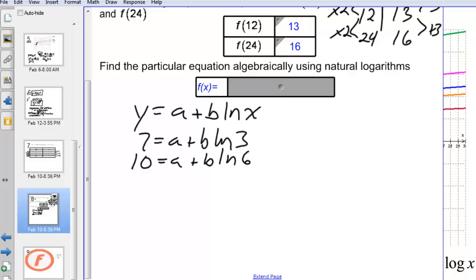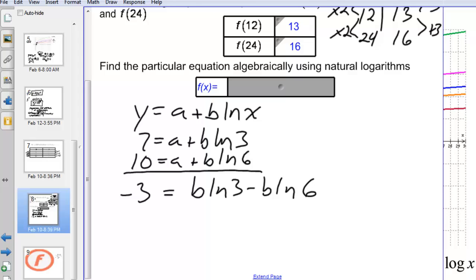All right. So here we need to solve for a and b. And we have two equations with two unknowns. Once again, we have the choice of elimination or substitution. If I subtract, it looks like I could eliminate a quickly. So negative 3 equals b natural log 3 minus b natural log 6.